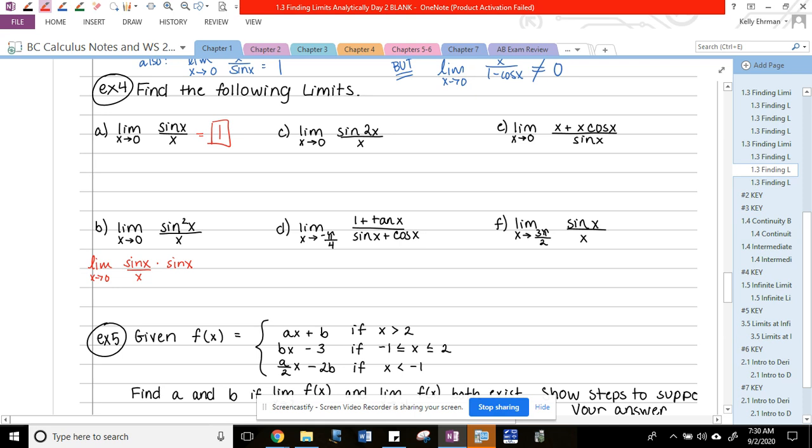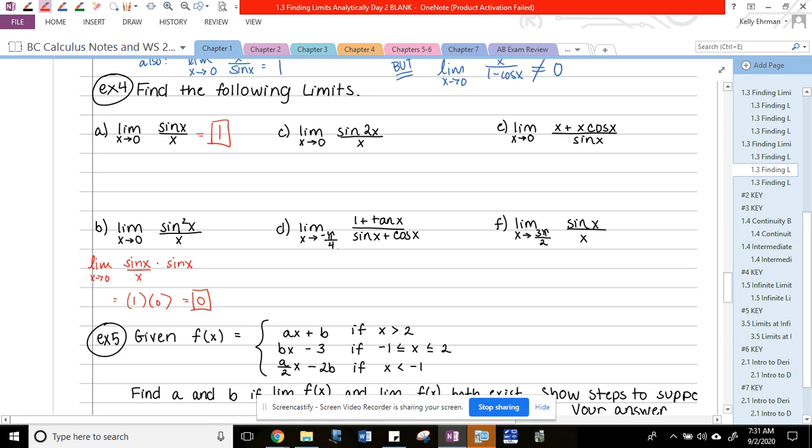Remember when you have multiplication going on in your limits, our properties a couple pages ago told us I can take the limit of each part individually. So the limit as x approaches 0 of sine x over x, that's 1. The limit as x approaches 0 of sine x, if you're plugging 0 into sine x, sine of 0 is 0. So 1 times 0 is 0.